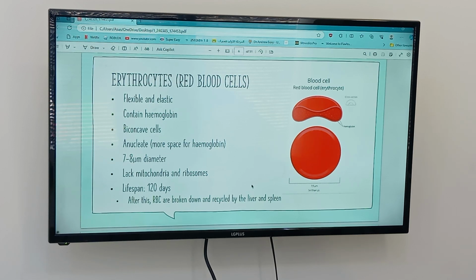The nucleus of the RBCs dissolves after some days after the red blood cell is born.